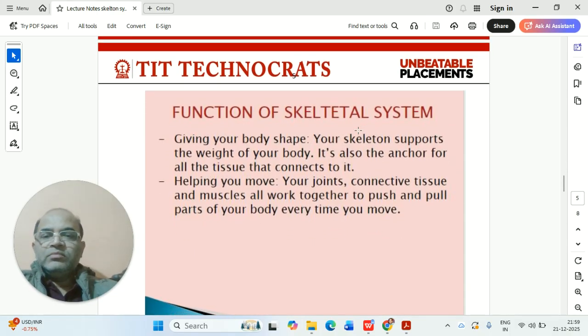First, giving your body shape. Your skeletal system supports the weight of your body. It's also the anchor for all the tissue that connects to it.